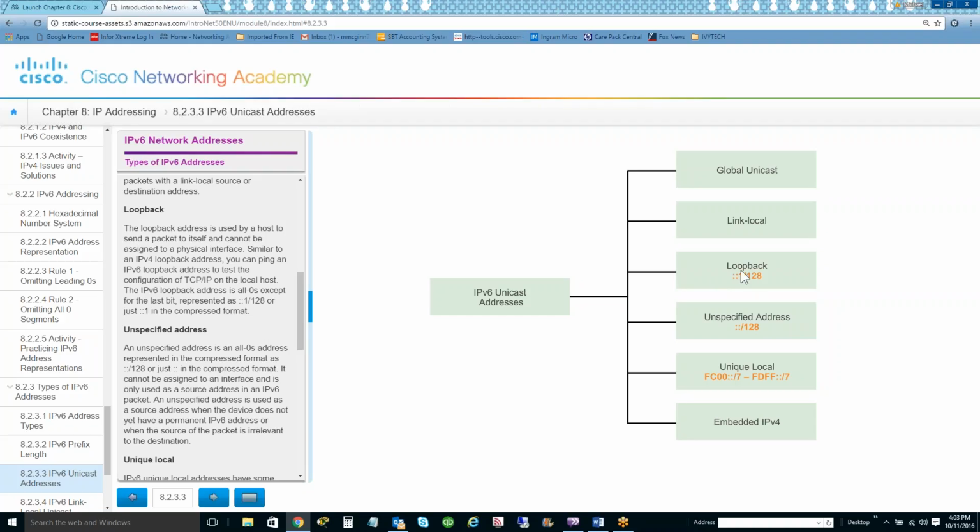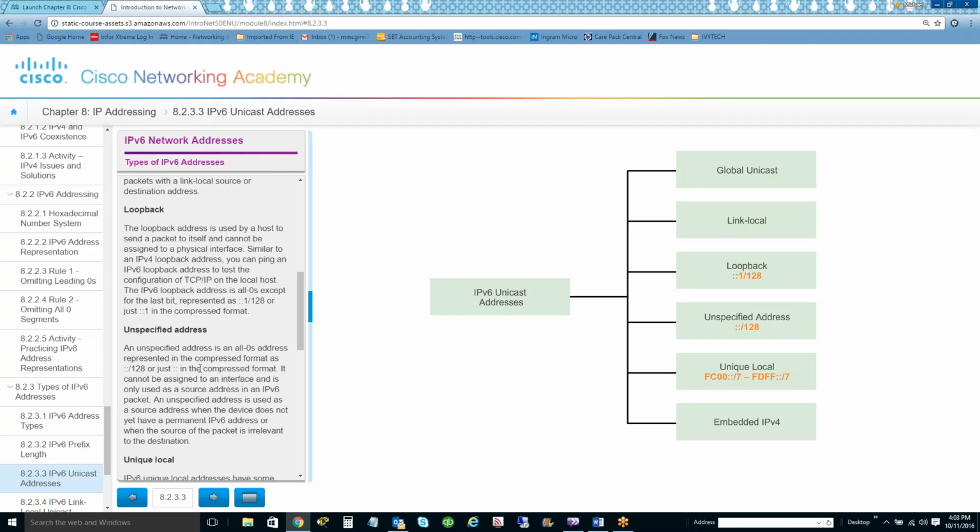Then there's a loopback address, which is always an IPv6 address of ::1/128, and an unspecified address is an all zeros address represented in the compressed format as ::/128.